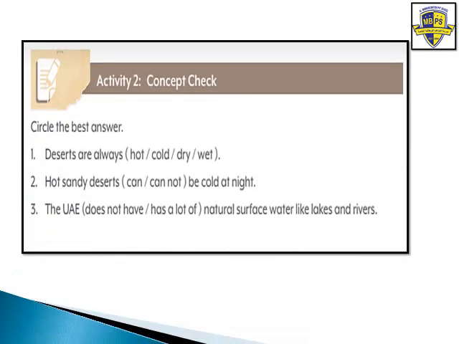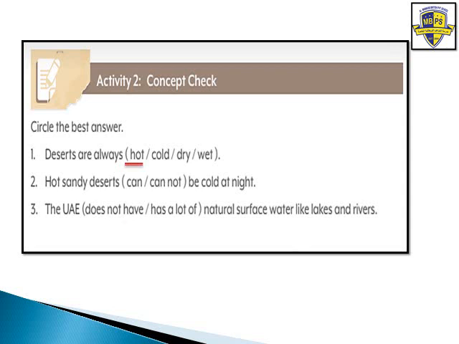And let us check the activity number 2. Circle the best answer. Number 1. Deserts are always hot, cold, dry, or wet. Most of the deserts are what? Hot. So this is the best answer. Next one. Hot sandy deserts can or cannot be cold at night.